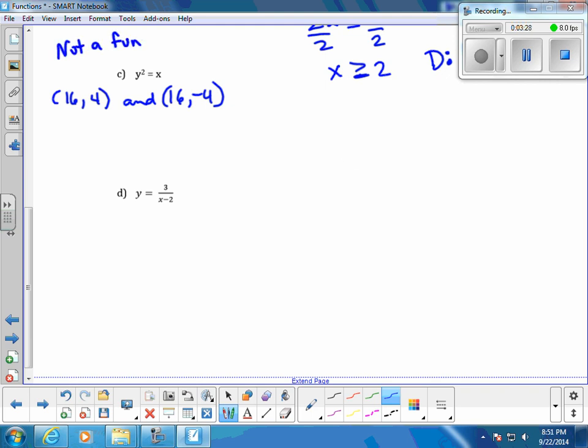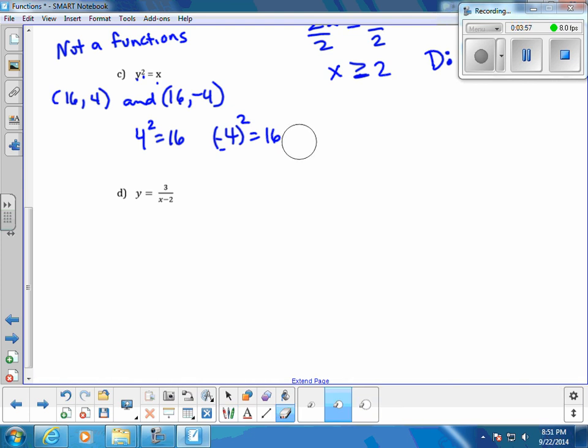Okay? And I just picked those points and calculated them because if you put a 4 for y, 4 squared equals 16. But if you put negative 4 right there, negative 4 squared also equals 16. So that's why we can see that this fails to be a function.